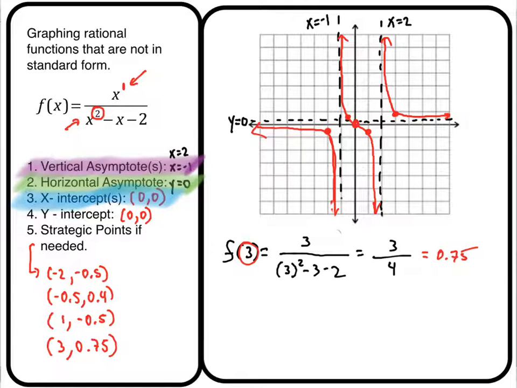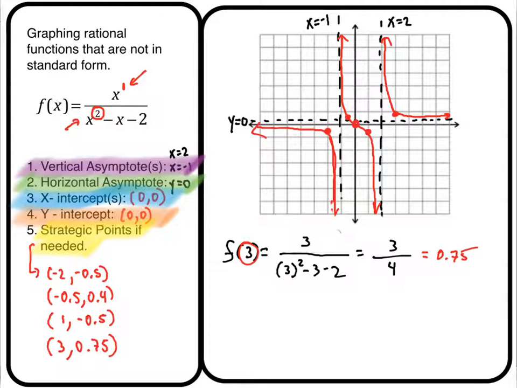We only had 1 at (0, 0). And then we plug in 0 to find the y-intercept. In this case, it was the exact same thing. And then, if you can't tell where the graph exists, you need to plug in some strategic points, which I did there. And usually you don't need that many strategic points, but in this case, you need a lot of them just to see what that looks like.